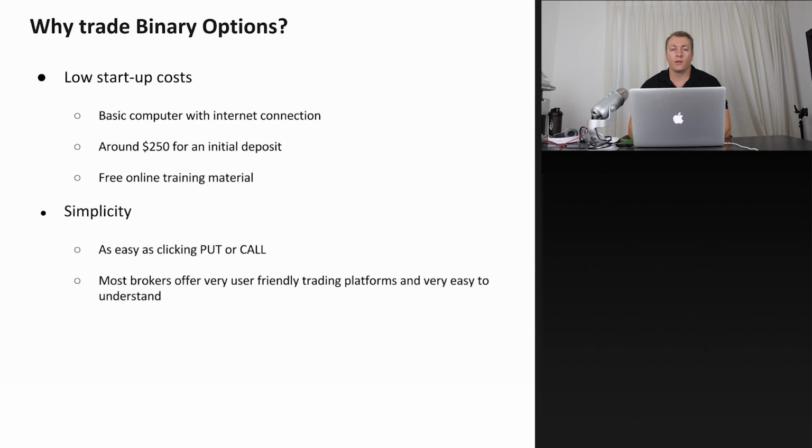I have literally thousands of YouTube videos teaching everyone how to trade binary options more successfully. And simplicity. It's as easy as clicking put or call to execute a trade. Most brokers offer a very user-friendly trading platform, and it's very easy to understand.